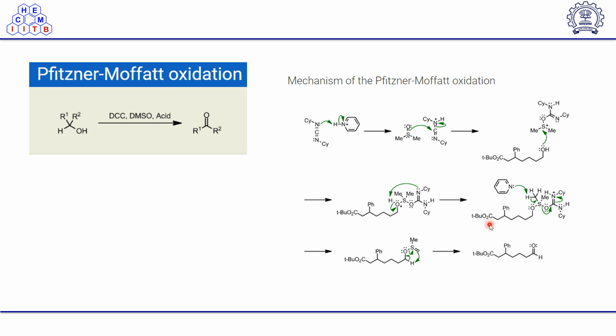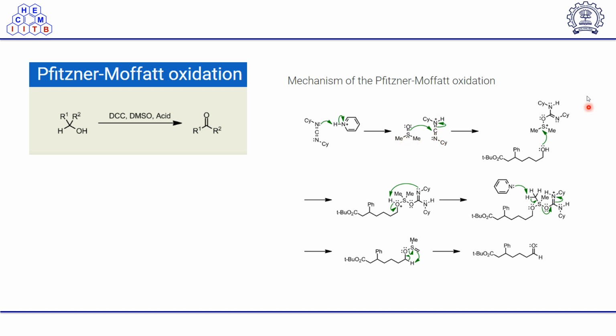This is basically a chemical reaction for the oxidation of primary and secondary alcohols to aldehydes and ketones respectively. So the oxidant is a combination of dimethyl sulfoxide and DCC. So dimethyl sulfide and dicyclohexyl urea will be the byproducts. The intermediate, a sulfonium group, is formed by the reaction between this DMSO and this carbodiimide.